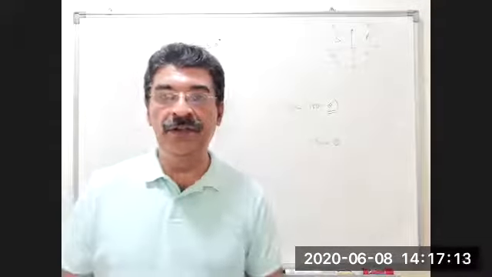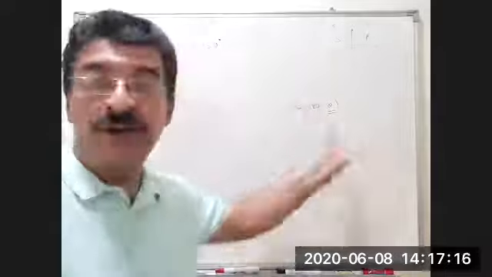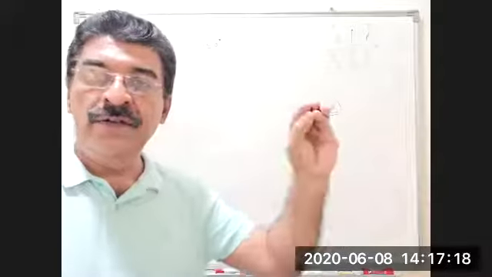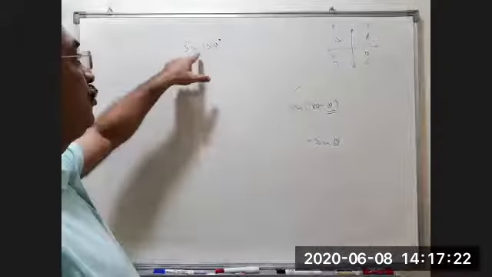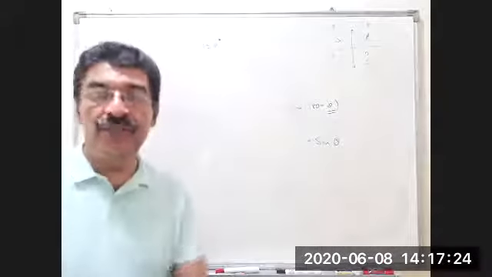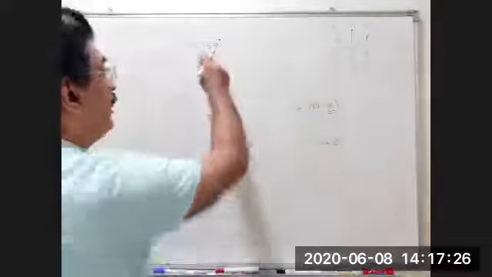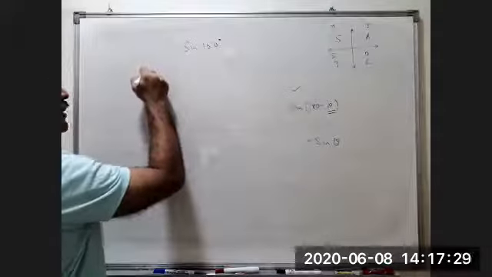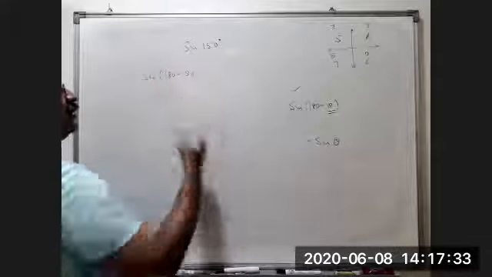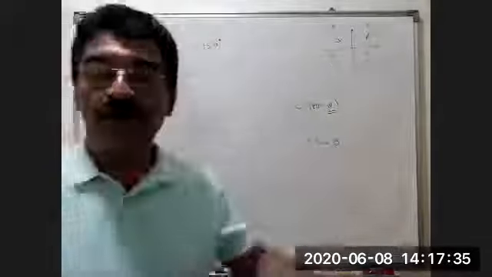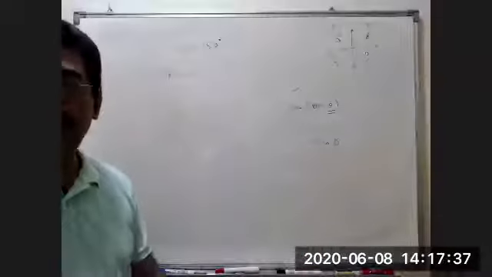Those three are standard values. So to evaluate sine 150, we can write it as sine 180 minus 30, because 180 minus 30 is 150.